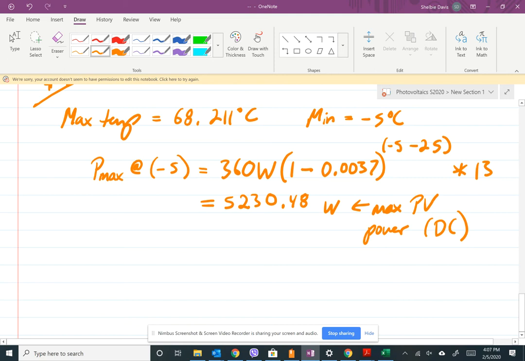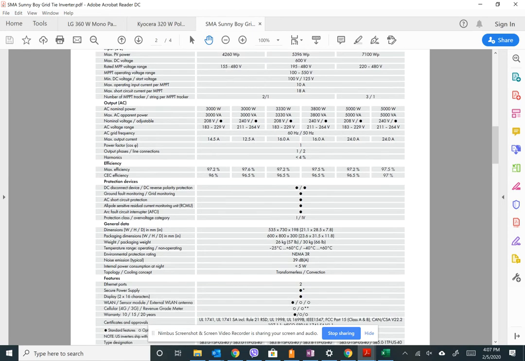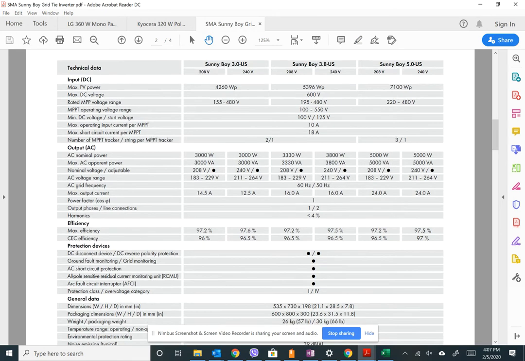Okay. So if we go back to our inverter spec here, okay, we have multiple models here. We have basically a 3.0, a 3.8, and a 5.0 size. So they're all different sizes, 3.0 being the smallest.